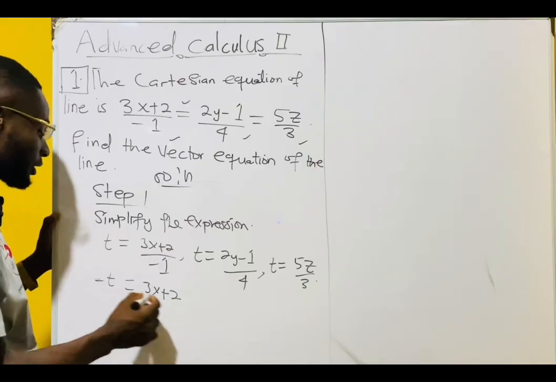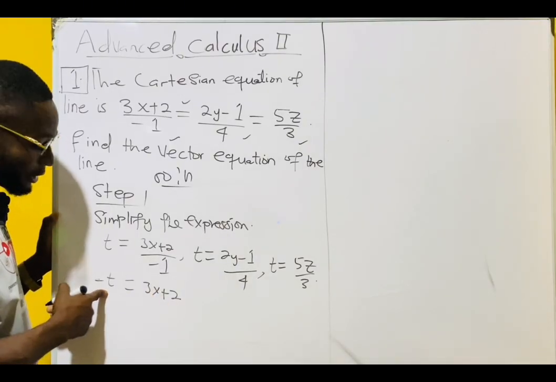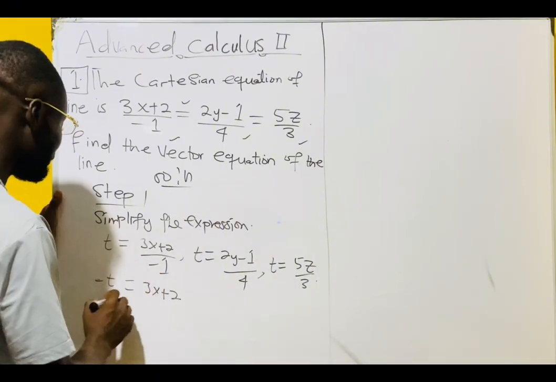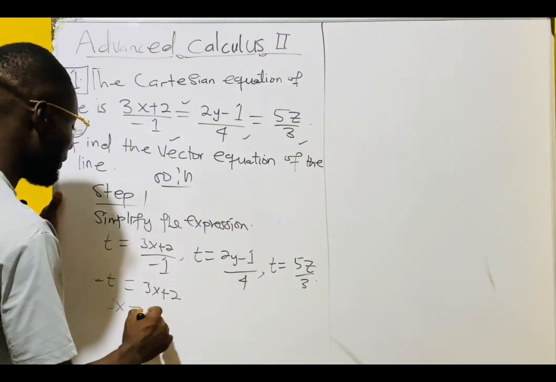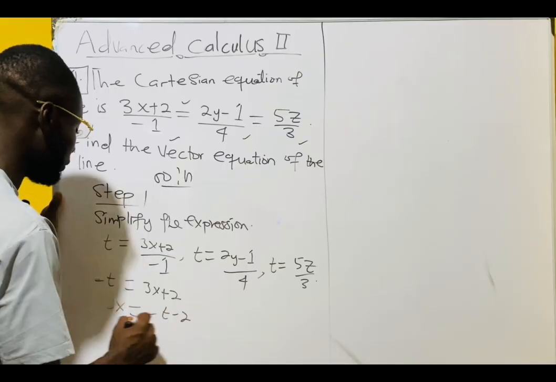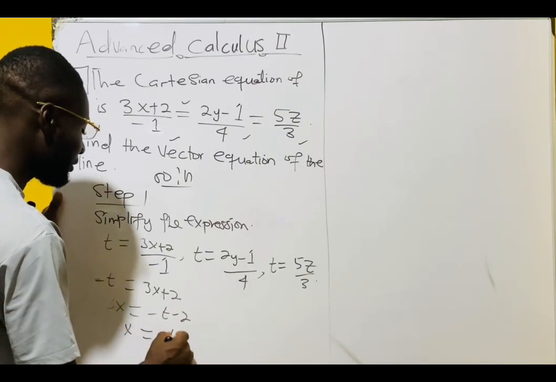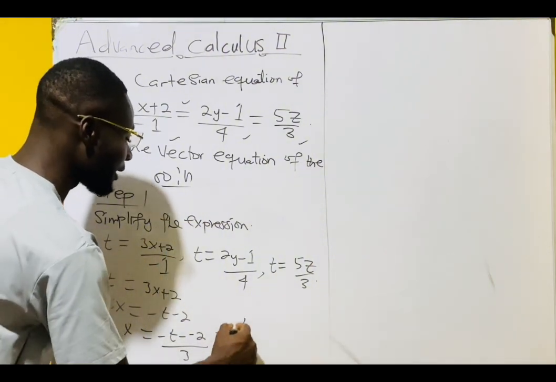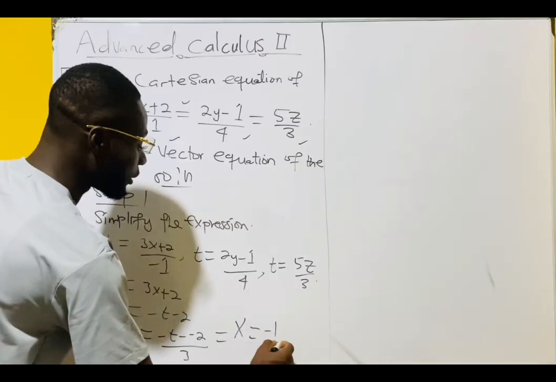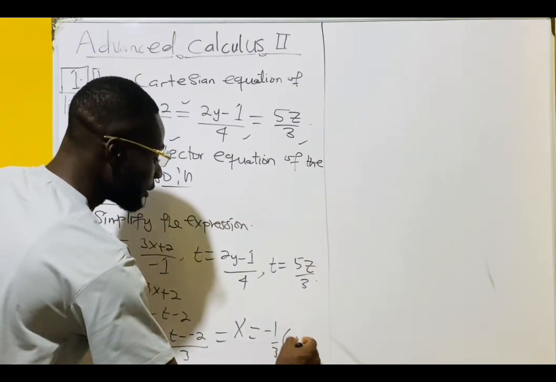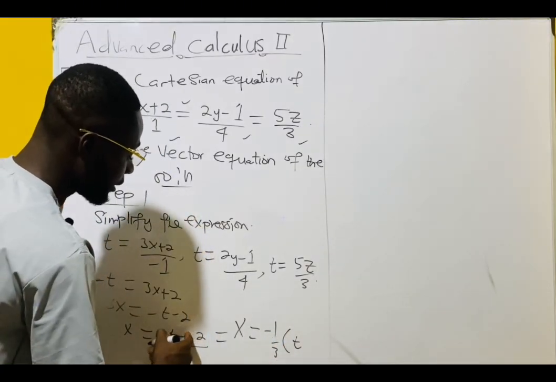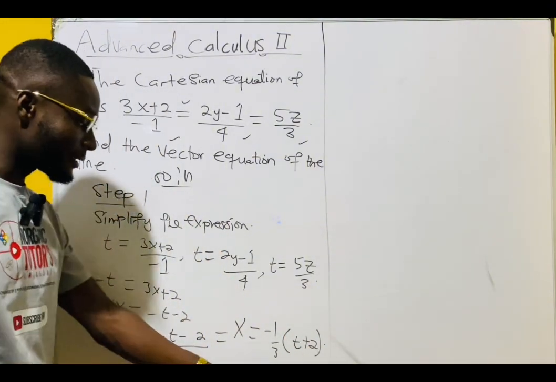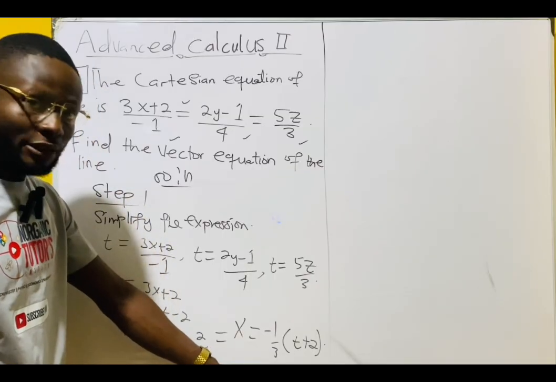So 3x equals -t minus 2, so we have x equals (-t minus 2) all over 3. So we can say that our x is equal to -1/3 into t plus 2, right? So this is our x component.